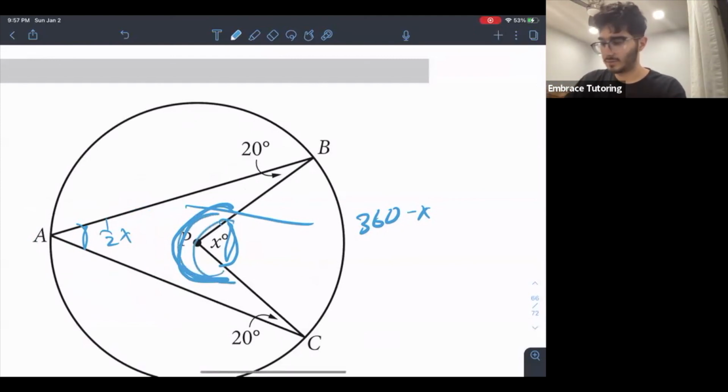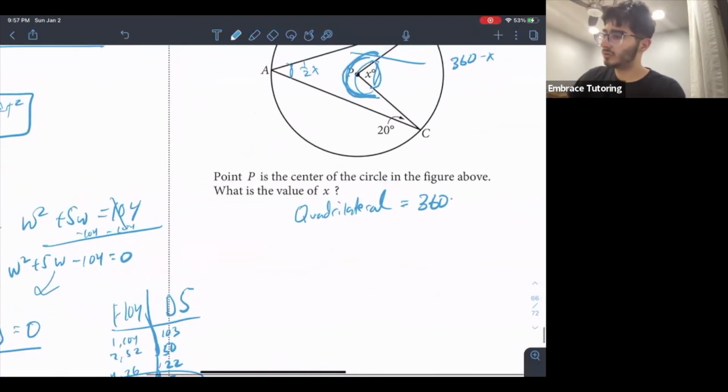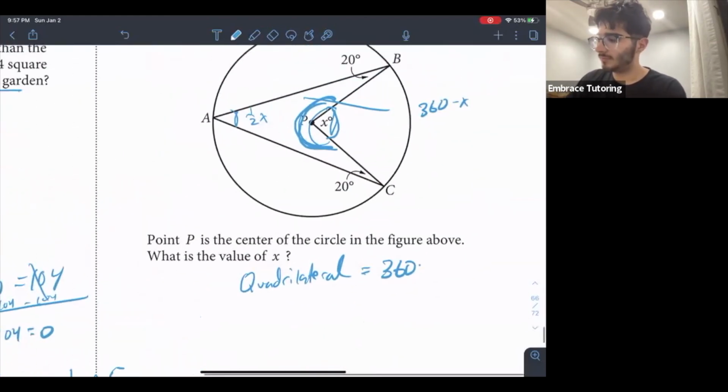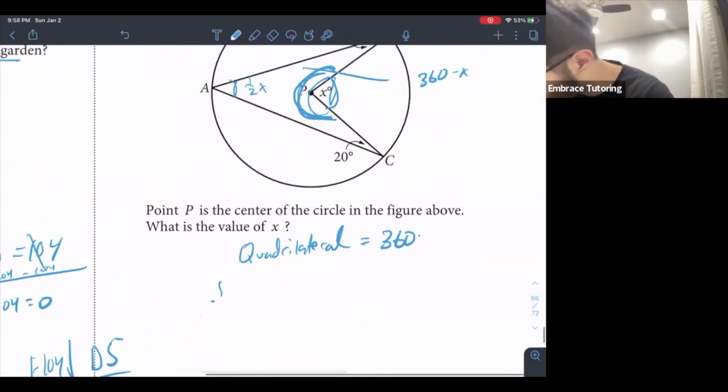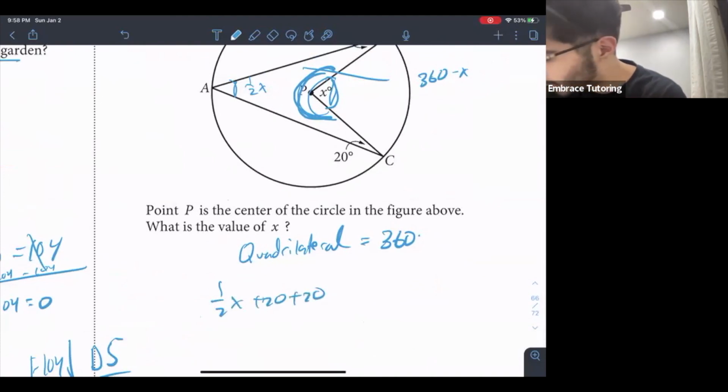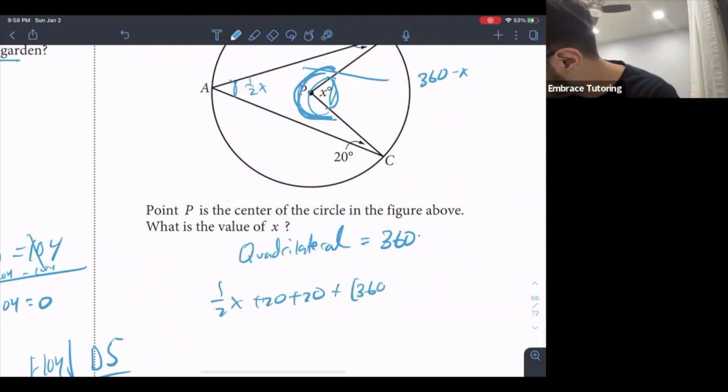Then you add all those angles together, which is equal to 360, and find the value of X. So you would do 1/2 X plus 20 plus 20, plus 360 minus X, to give you 360.